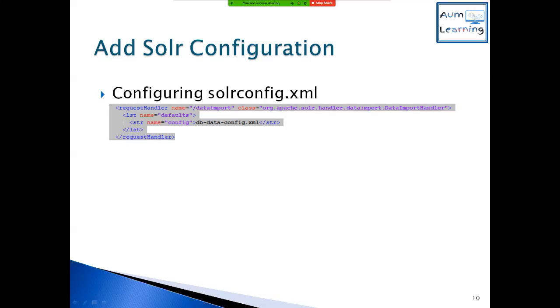This is the Solr class which imports the data. Inside that, we define the configuration, where we give the configuration file name, so Solr knows where to go to make the DB connection and what data it needs to pull. That configuration we need to define in the Solr config.xml file.